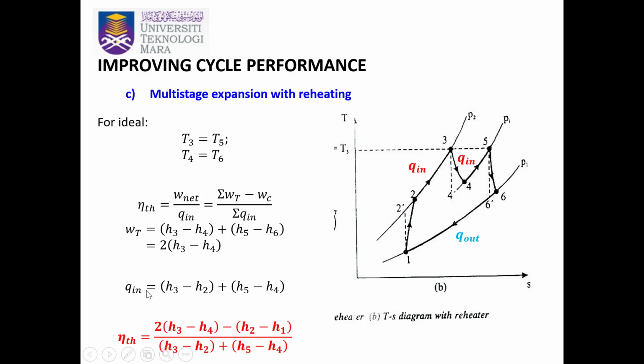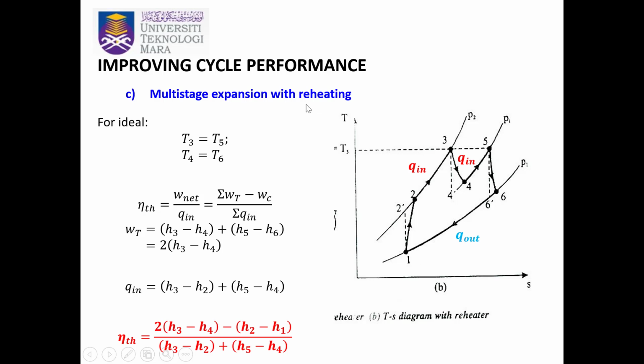And the Q in can be written as (H3 minus H2) plus (H5 minus H4). So the thermal efficiency for this reheating cycle can be written as eta_th equals 2 (H3 minus H4) minus (H2 minus H1), over (H3 minus H2) plus (H5 minus H4). This is for the reheating.